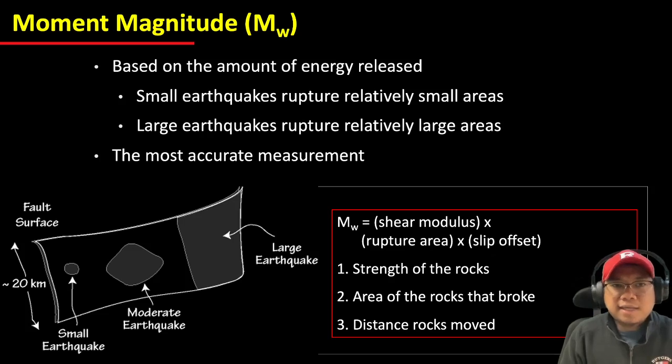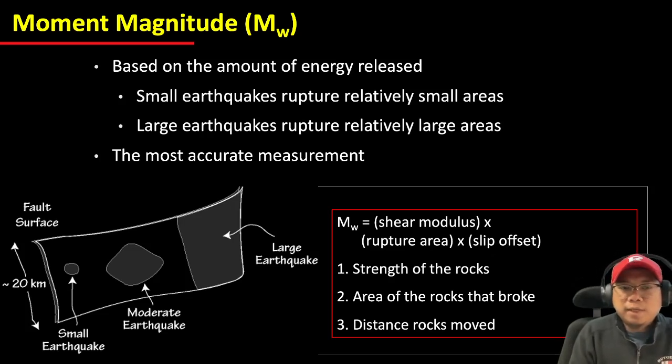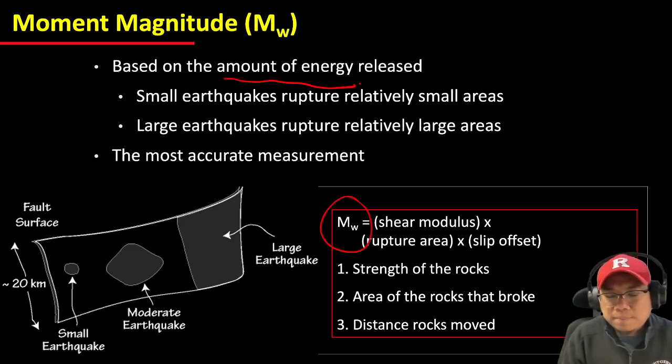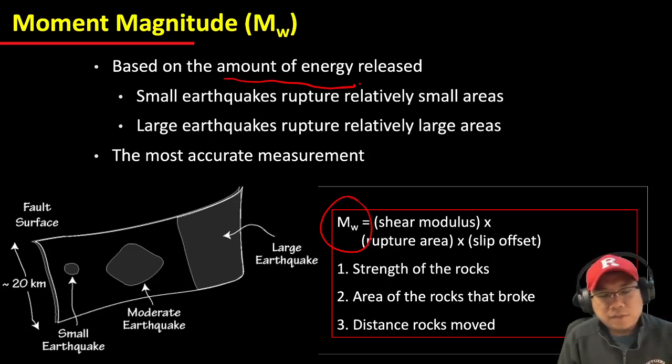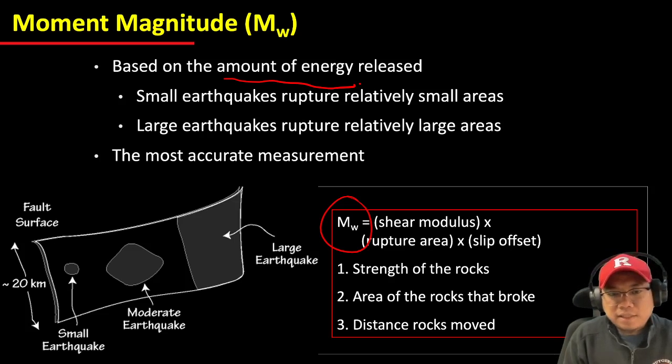And the last type of scale that we have is called the moment magnitude. Moment magnitude measures the amount of energy released by an earthquake. Okay, and this would be a simplification of the formula used to measure the moment magnitude. It basically incorporates three major factors.